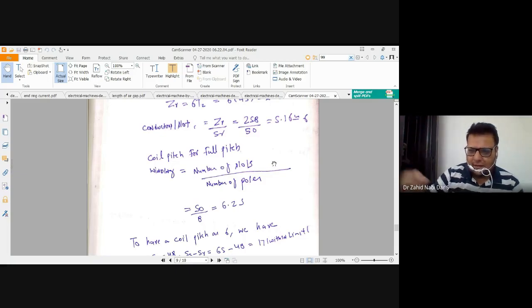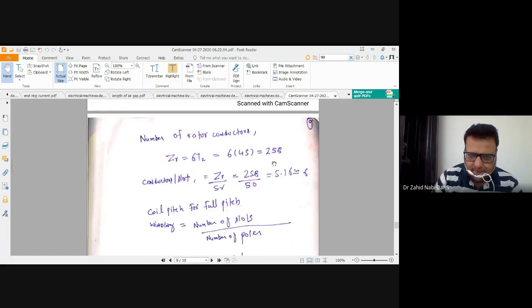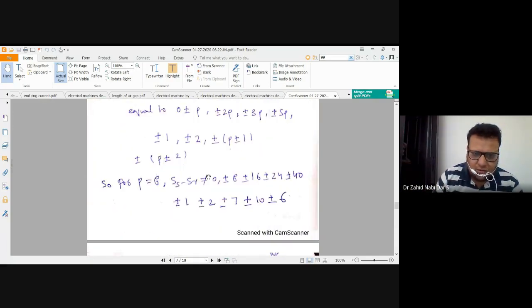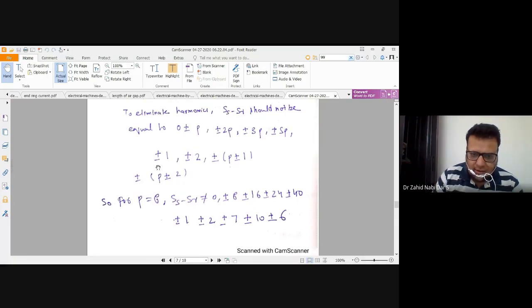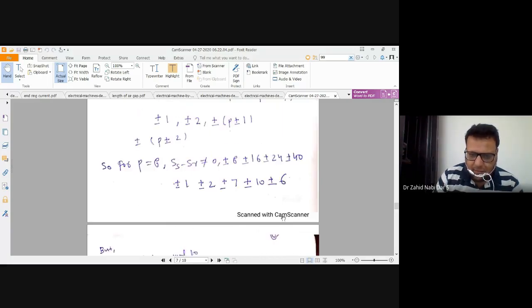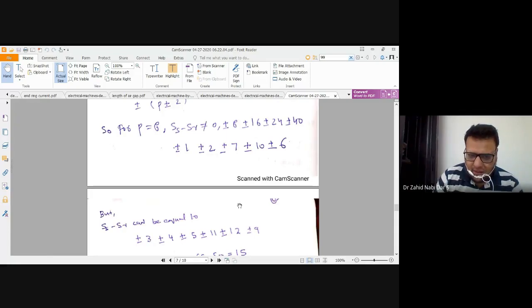We can take 48 also, 50 also, any which way, but it should eliminate the harmonics. So we cannot take these differences: 0, 8, 16, 24, 14, 1, 2, 7, 10, 6. But the difference can be 3, 4, 5, 11, 12, 13, 9, 15, 17, like that.